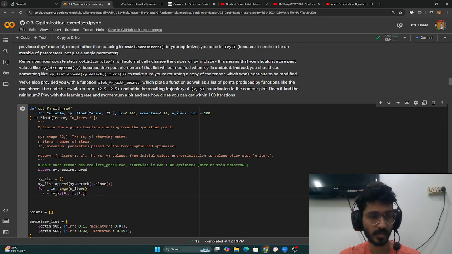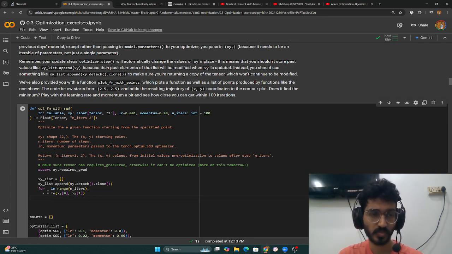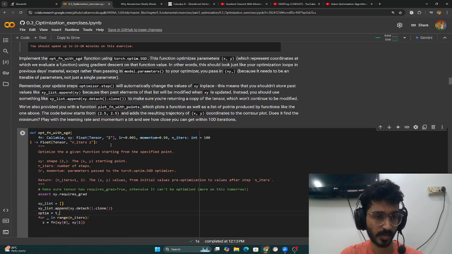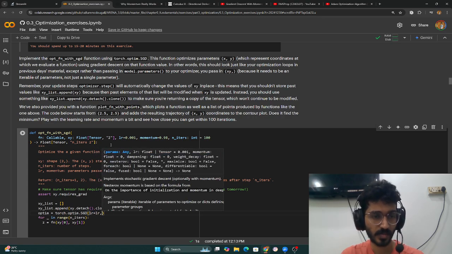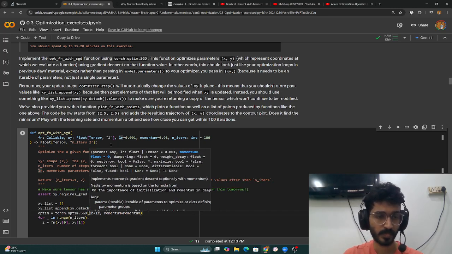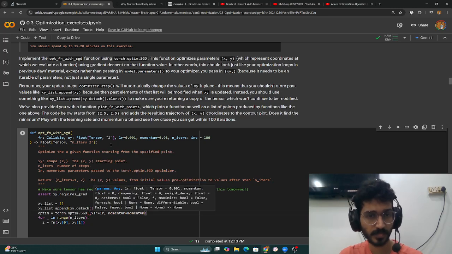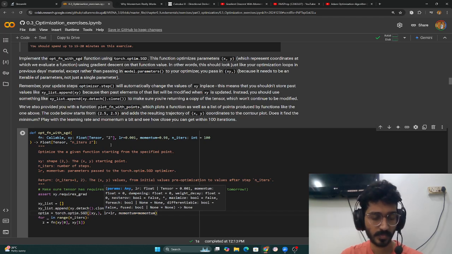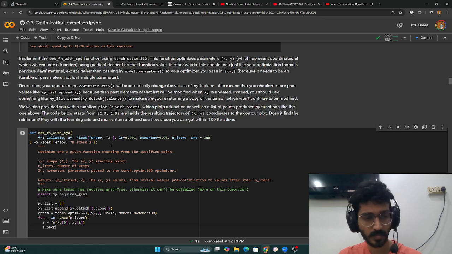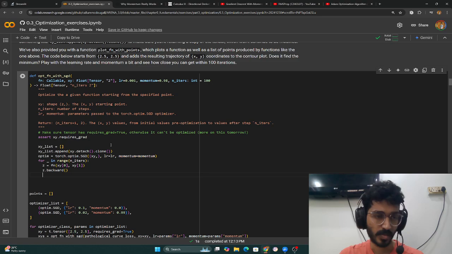Yeah, and we need to initialize an optimizer. What's the, yeah, LR. The gradient.